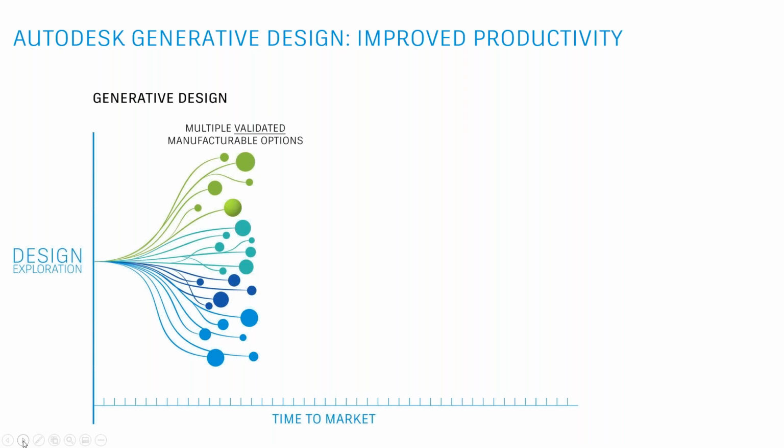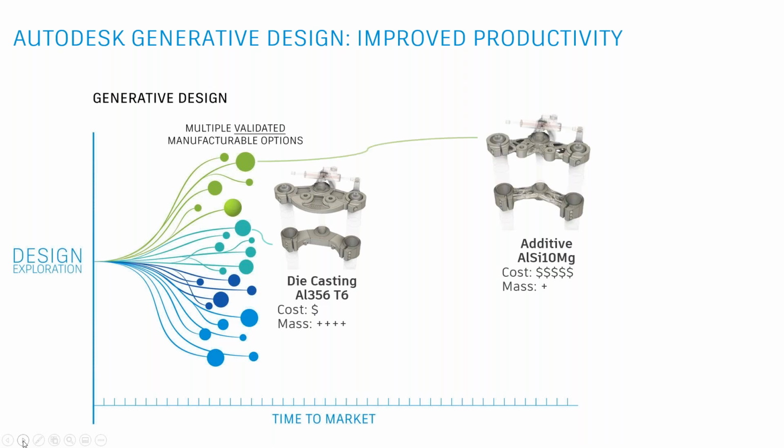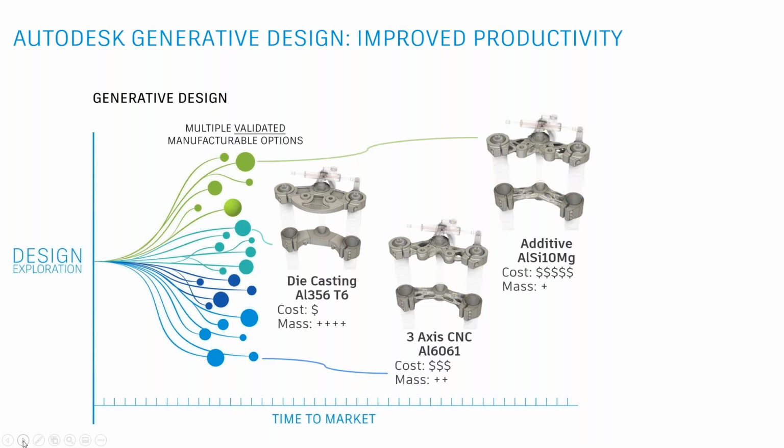And those solutions are manufacturing aware, because one of the information that we need to provide to the software is how we are going to produce the part. And we can explore, for instance, in one study, different manufacturing types and different materials, and then we can make the trade-off, having all the possible solutions in front of us.